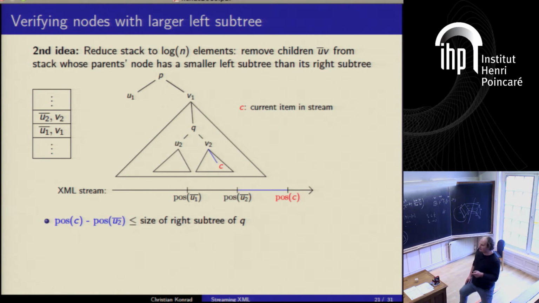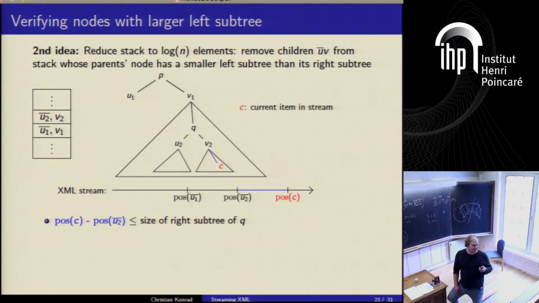Well, we can extract this information from what we see here. We know that the current position c, where we're currently in the stream, minus U2 bar, which is here, is a lower bound on the size of the right subtree, because we can only see these elements starting from U2, since the subtree V2 starts immediately after U2. So by seeing where we are currently in the stream, we can infer a lower bound on the current subtree.